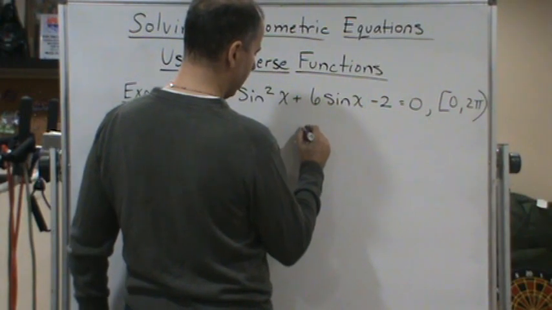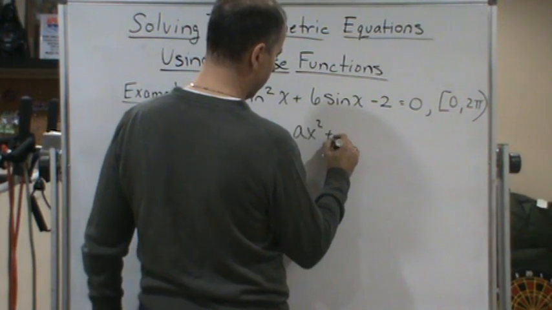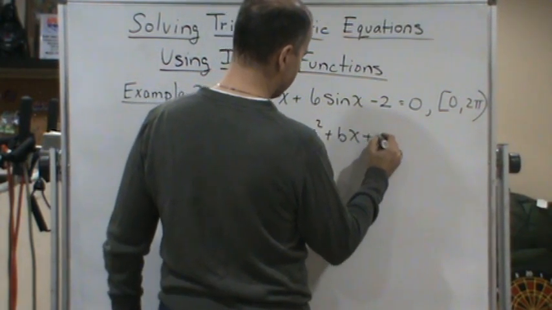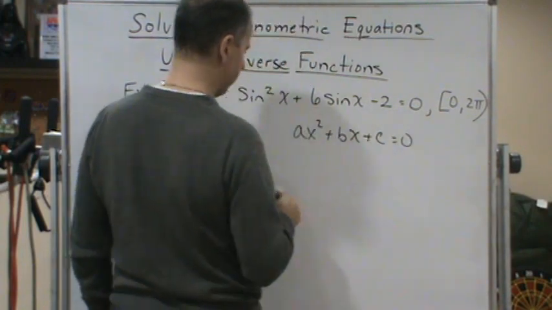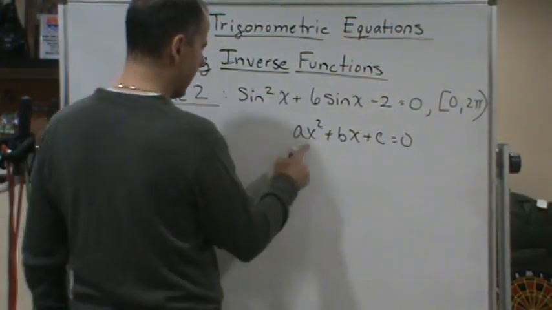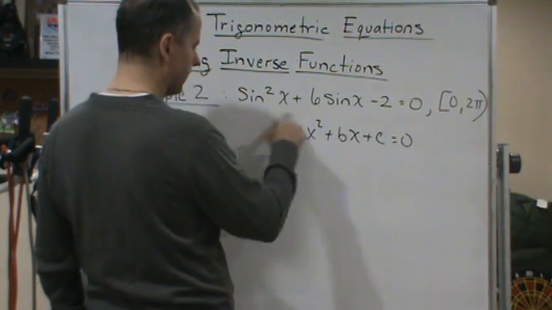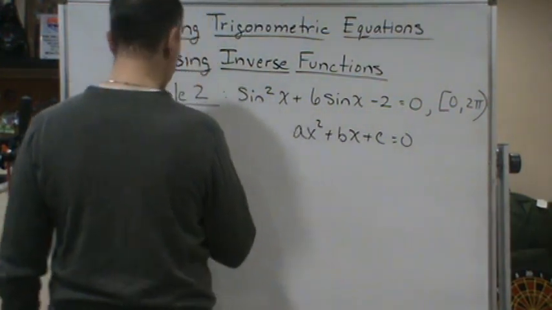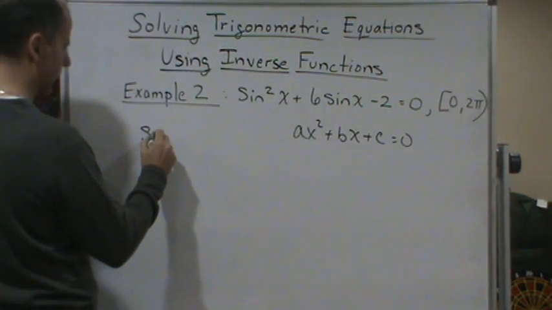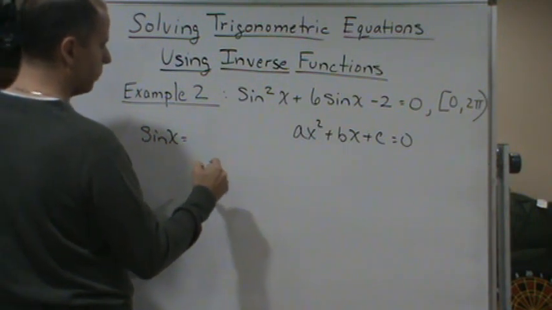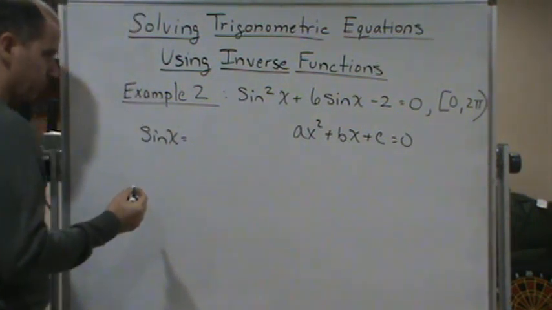Just remember, it's ax squared plus bx plus c is equal to 0. But in this case, x is taking the place of sine x. So when we use the quadratic formula, it's going to be sine x is equal to what?